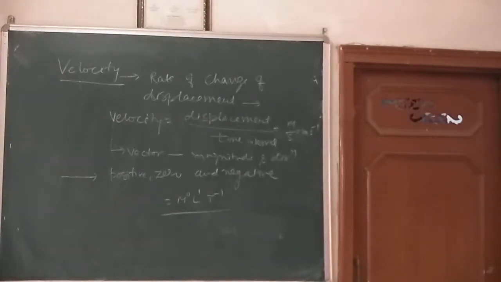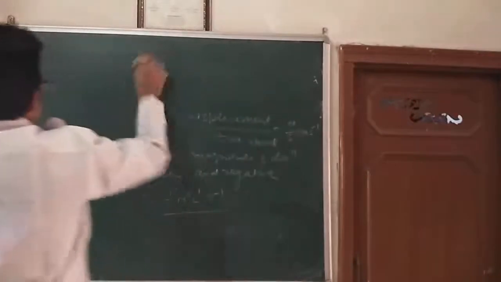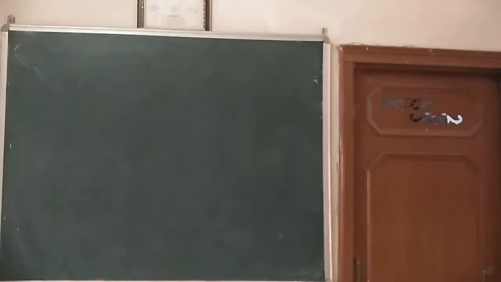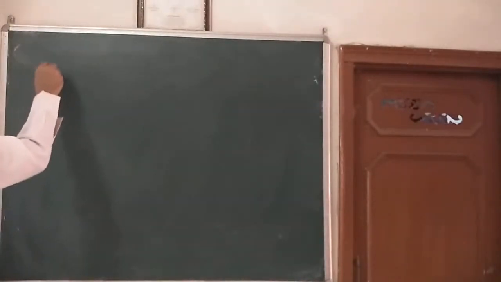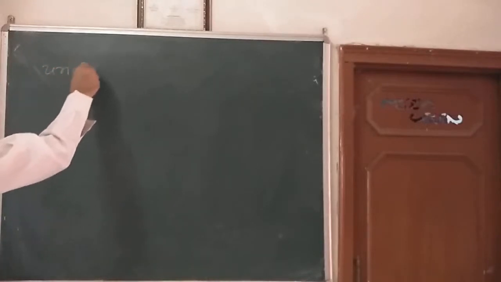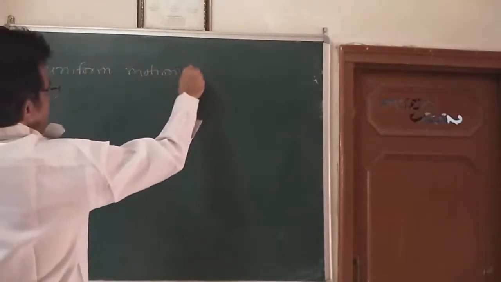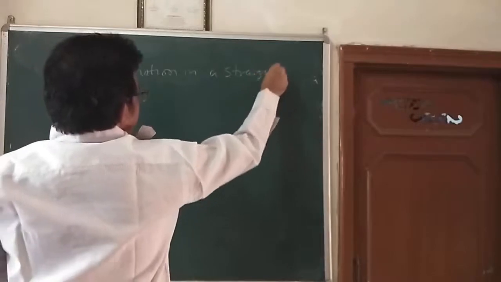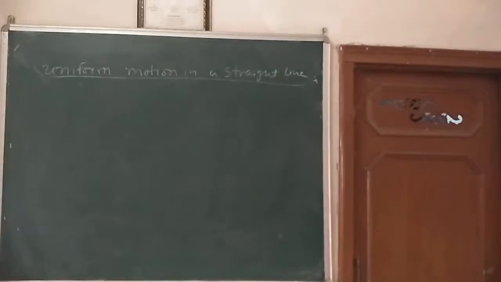If a body is moving in a straight line, then what will be the formula for velocity? Let us take a small article here. Suppose uniform motion in a straight line.